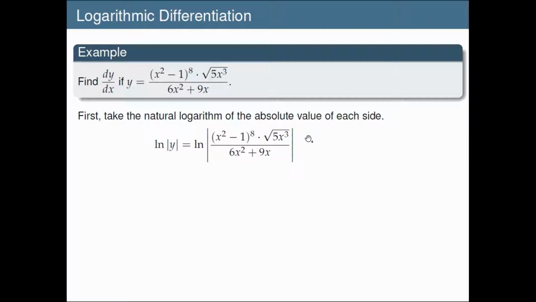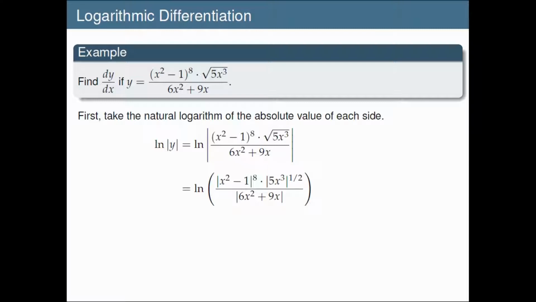Yung right hand side, pwede nating express as ln of absolute of x squared minus 1 raised to 8 times absolute of 5x cubed raised to 1/2 all over absolute of 6x squared plus 9x. Yung mga exponent na 8 at yung 1/2 nasa labas ng absolute value.